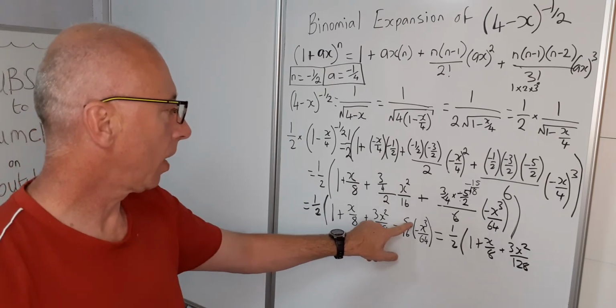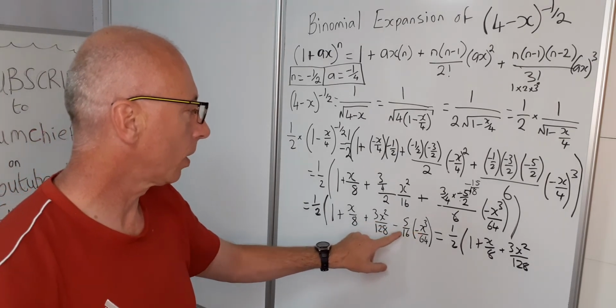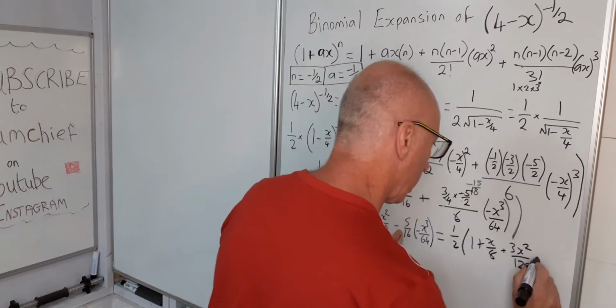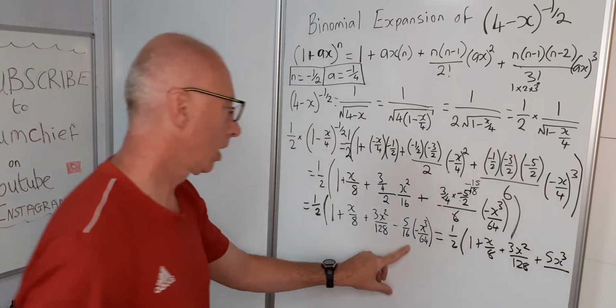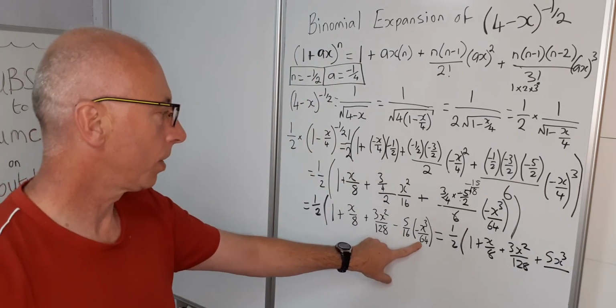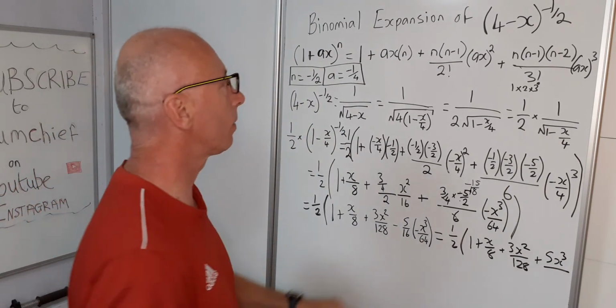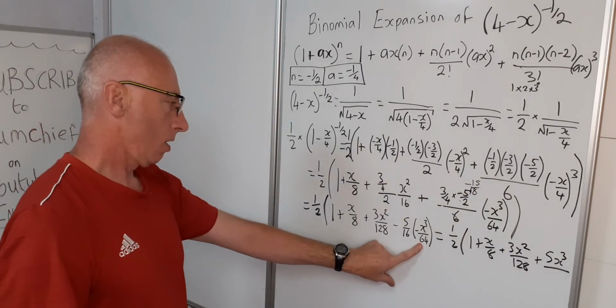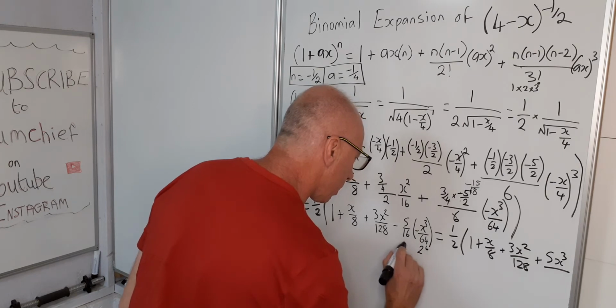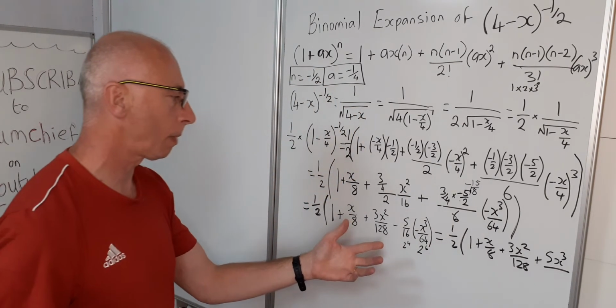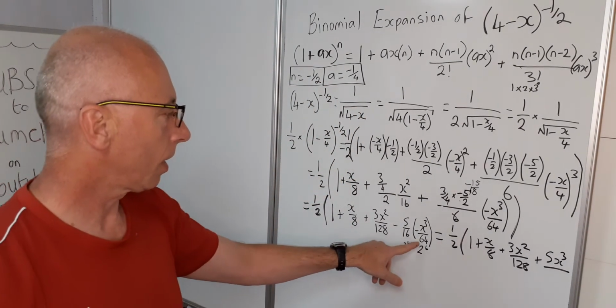So minus 5 times minus x cubed is going to give us positive, so that's plus 5x cubed over 16 times 64. Well, 64 is 2 to the power of 6, and 16 is 2 to the power of 4. So we're going to have 2 to the power of 10, which is 1024.